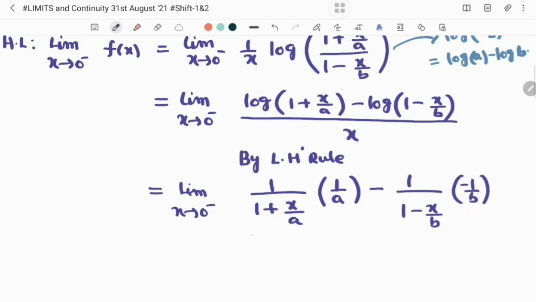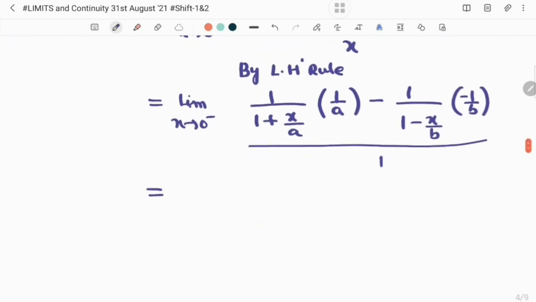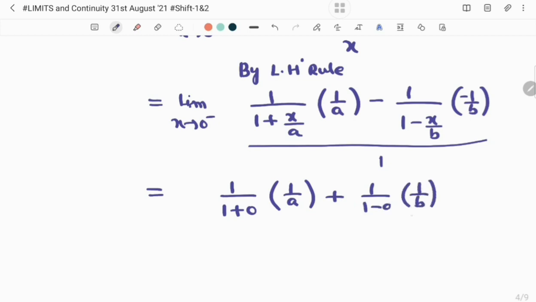Divided by x derivative is 1. So now simplification, wherever x is there, replacing with 0. So 1 by 1 plus 0 into 1 by a. Minus into minus is plus, 1 by 1 minus 0 into 1 by b. So ultimately the answer is 1 by a plus 1 by b. So this is about the left hand limit, limit x tends to 0 minus f of x.